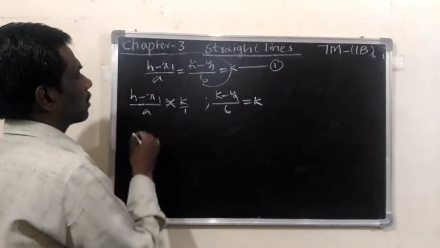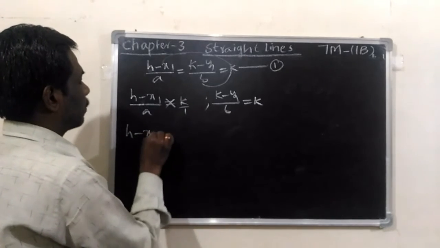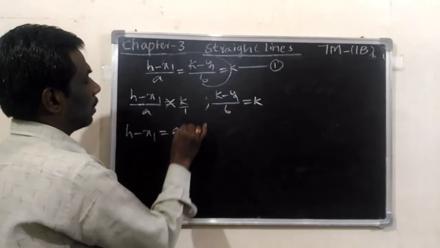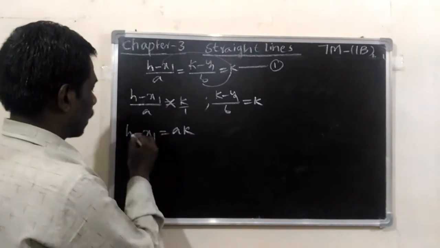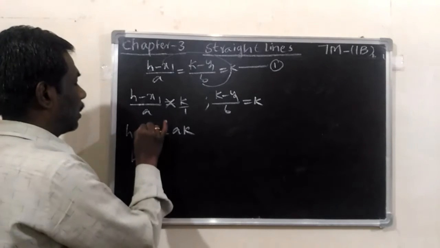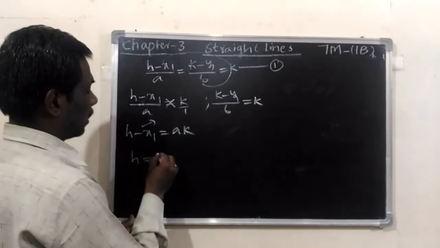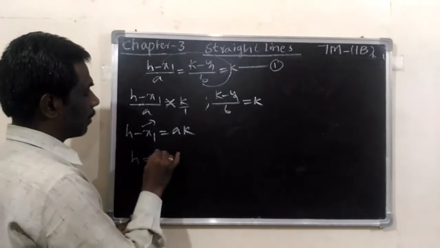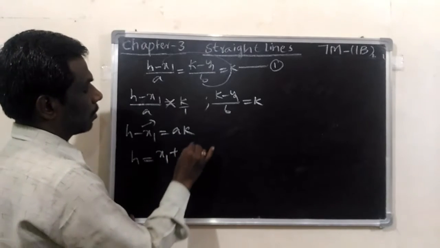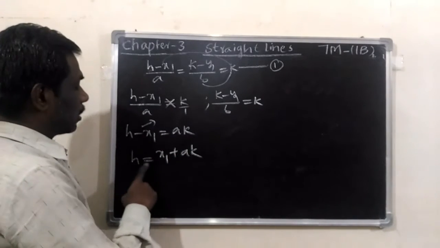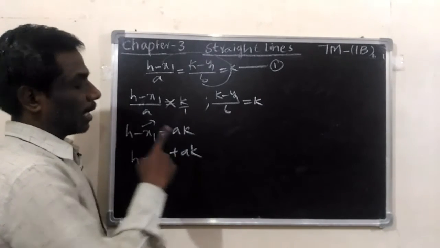Right, by 1 and do cross multiplication: h minus x1 is equal to ak, and h is equal to, take this x1 to the right side, this minus x1 becomes plus x1, so h is equal to x1 plus ak.